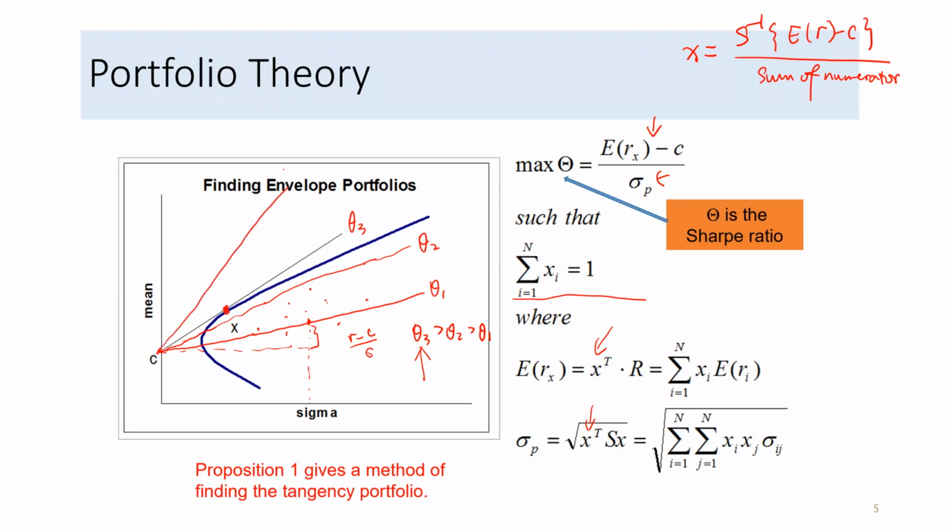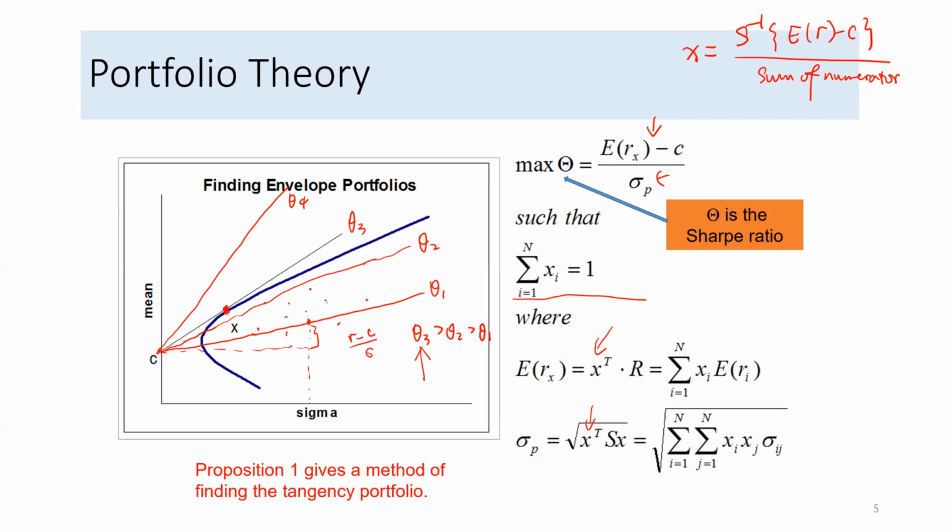If there is one, theta 4, there wouldn't be any feasible strategy here. Therefore, that will only solve for one single envelope portfolio. Okay, so that's for a given C.